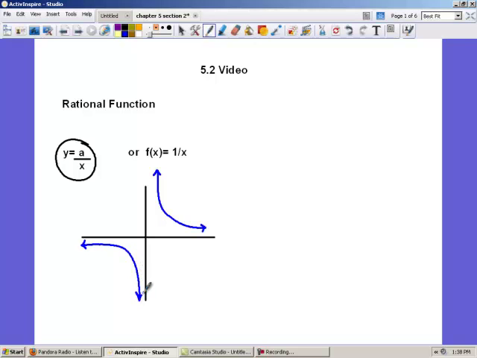Now, what this type of graph is called is a hyperbola. And if you notice in this graph, there are some asymptotes going on.